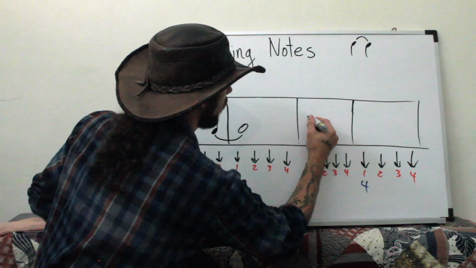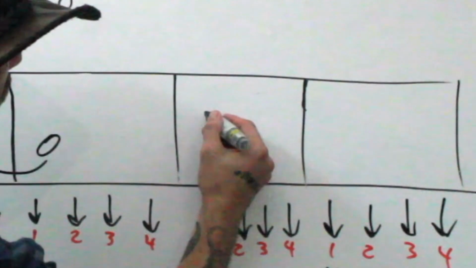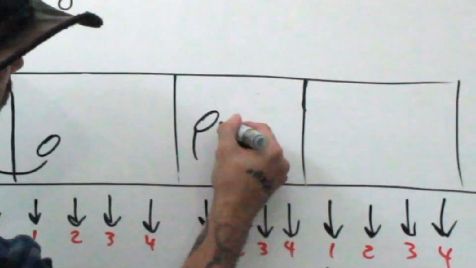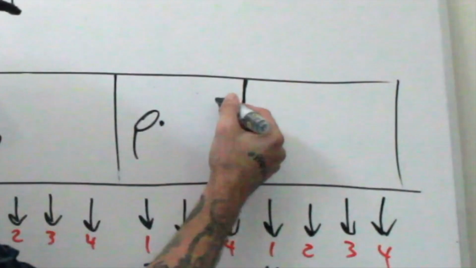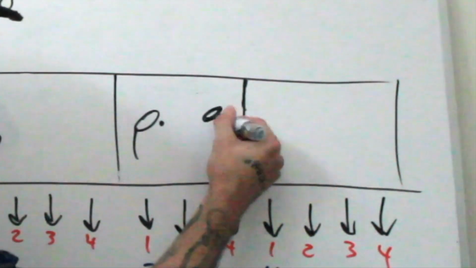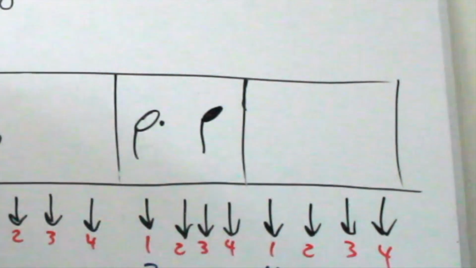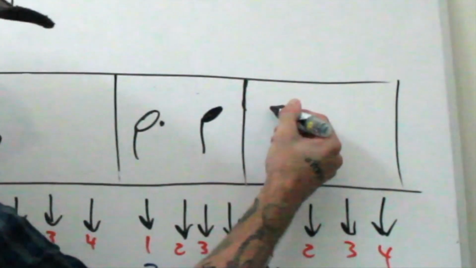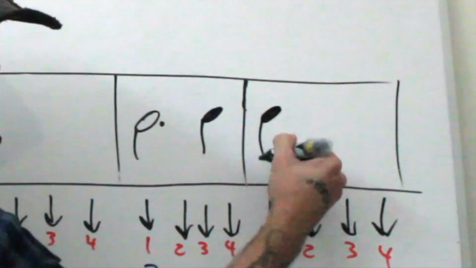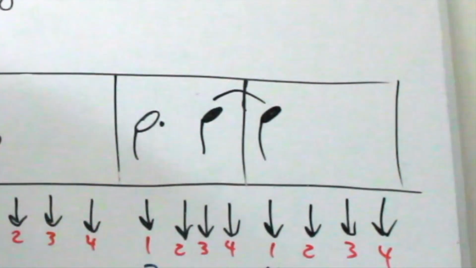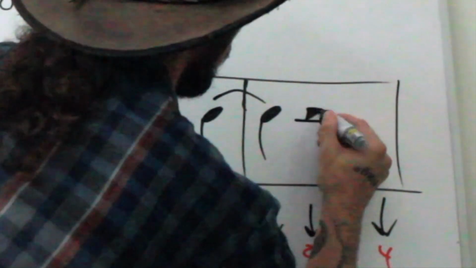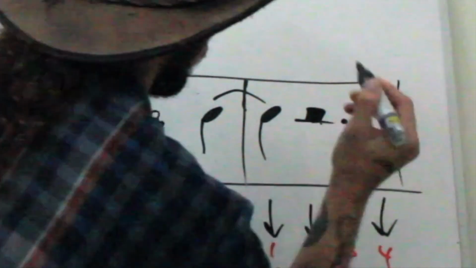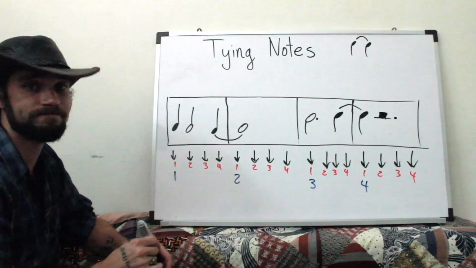Let's do maybe a dotted half note. Let's do a quarter tied to another quarter. And then let's do a dotted half note rest.